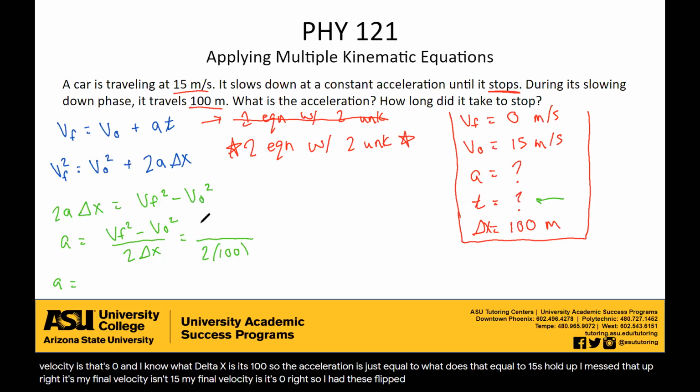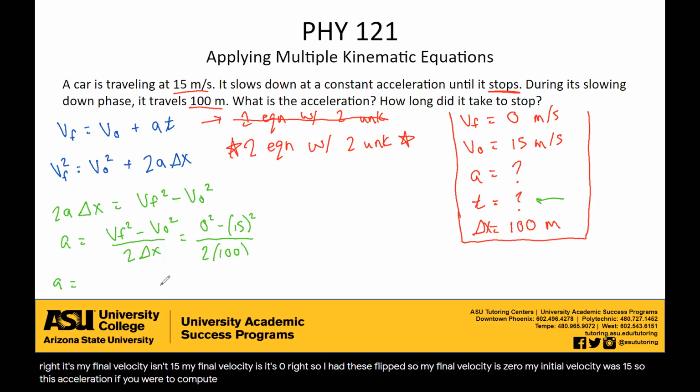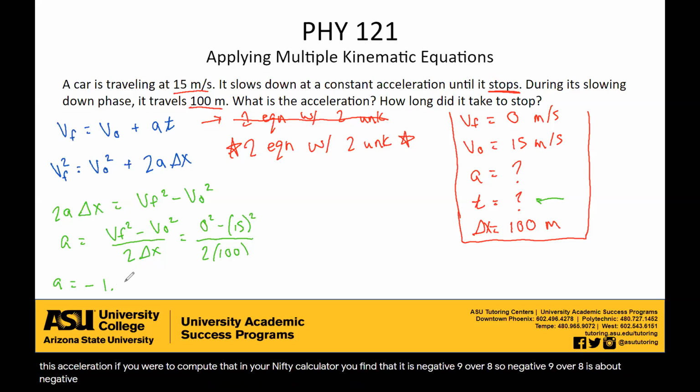My initial velocity was 15. So this acceleration, if you compute that in your calculator, is -9/8, which is about -1.125 meters per second squared.